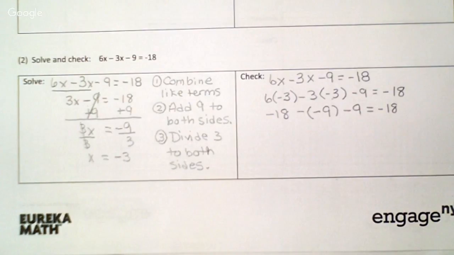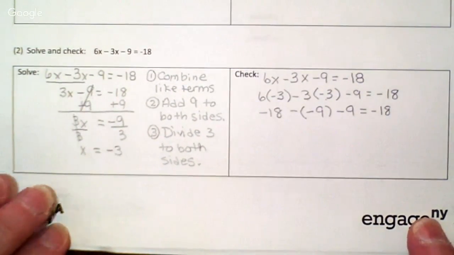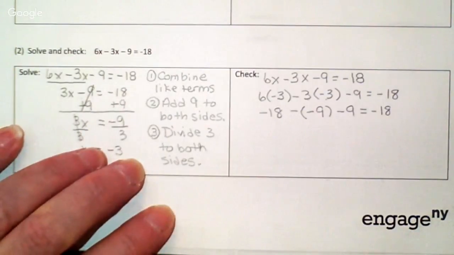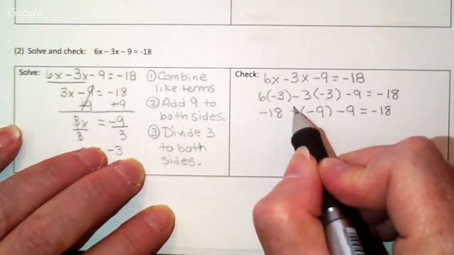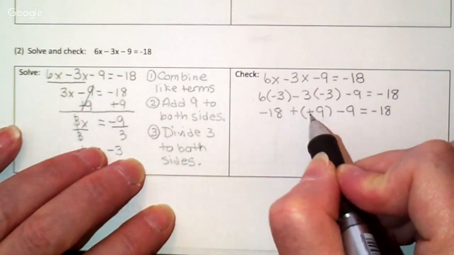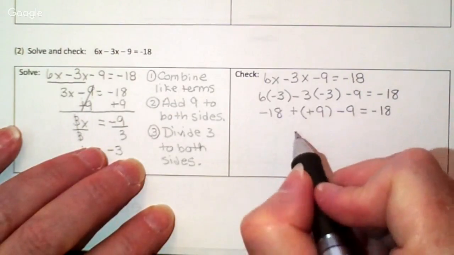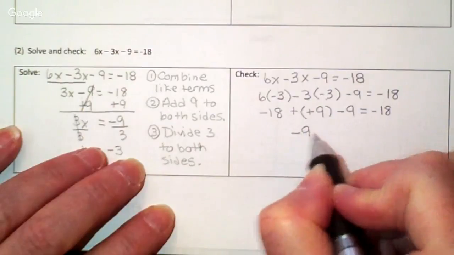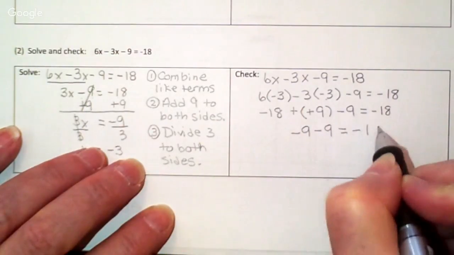Please make sure that you watch what you're doing here, especially because you have subtraction and you've got negative signs. So here what you're going to do is negative 18, leave, change, change. So negative 18 plus 9 is negative 9, minus 9 equals negative 18.